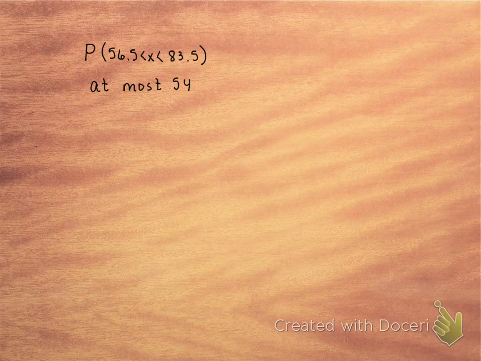So if you're including the 54, the probability would be x is less than 54.5. And that 54.5 is going to be a bound, upper or lower, that we use in our normal CDF program on our calculator. Okay?